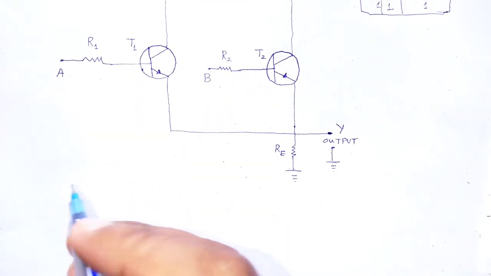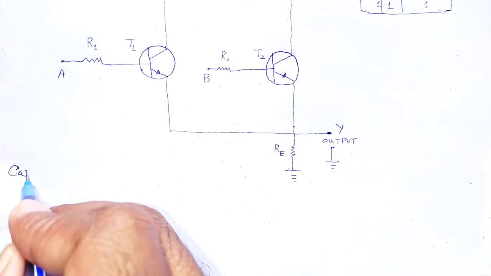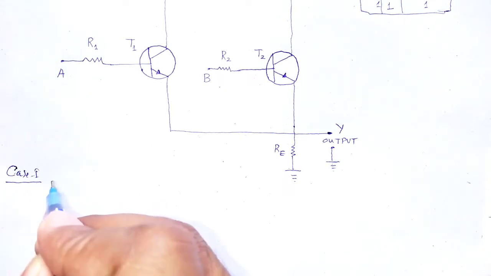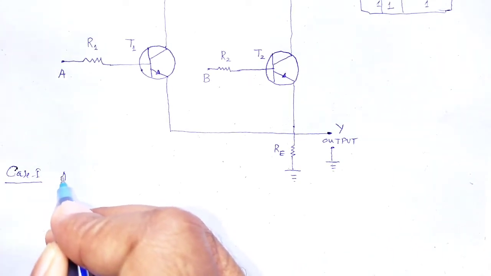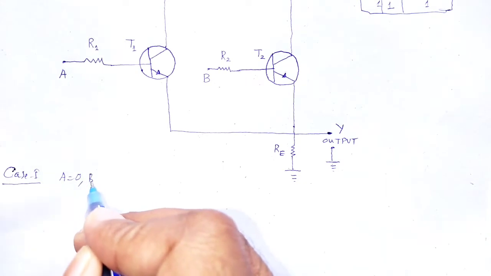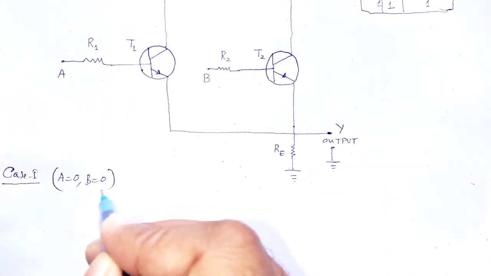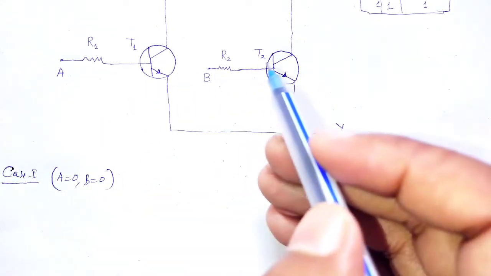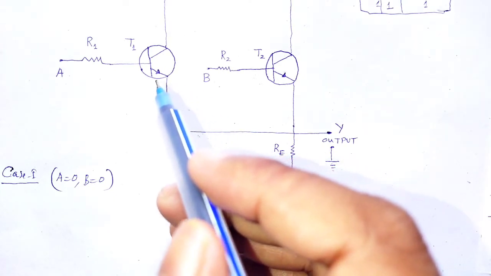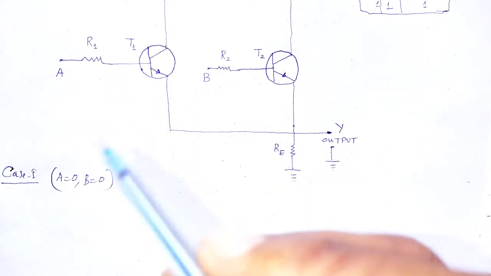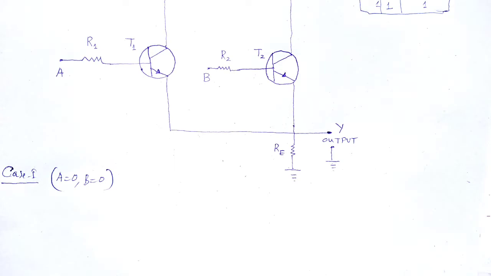First condition, case number 1. When A is equal to 0 and B is equal to 0, the two transistor inputs are 0. In that situation, what happened?